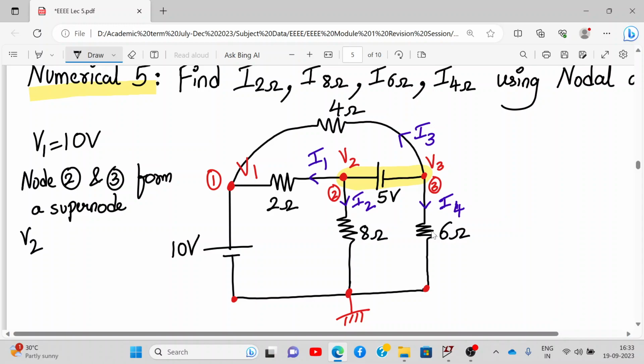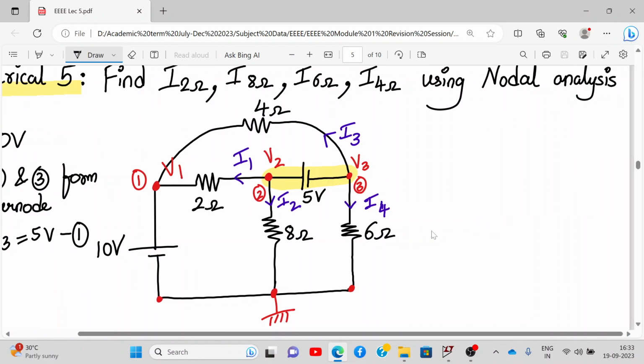V2 minus V3 is equal to 5. Now we have two unknowns actually. V1 is already known, V2 and V3 we need to find out.